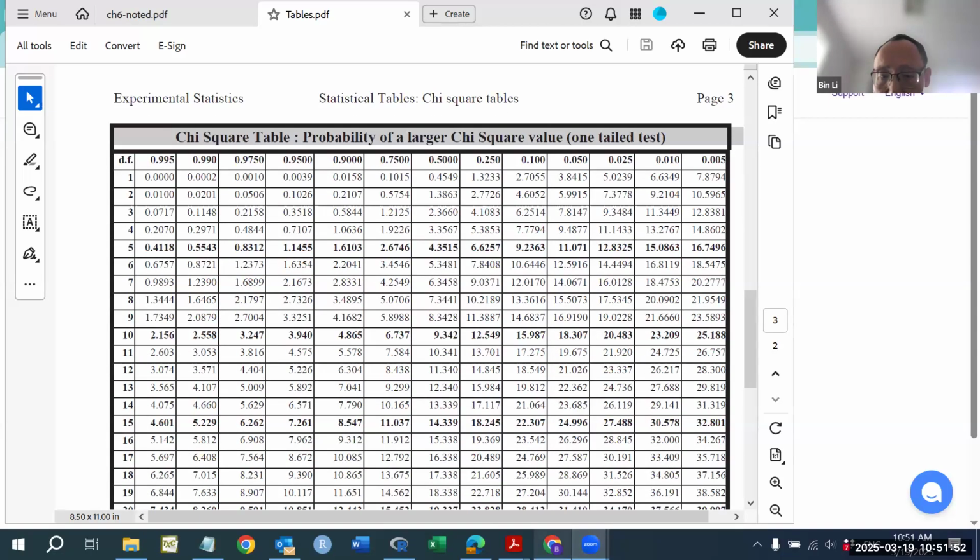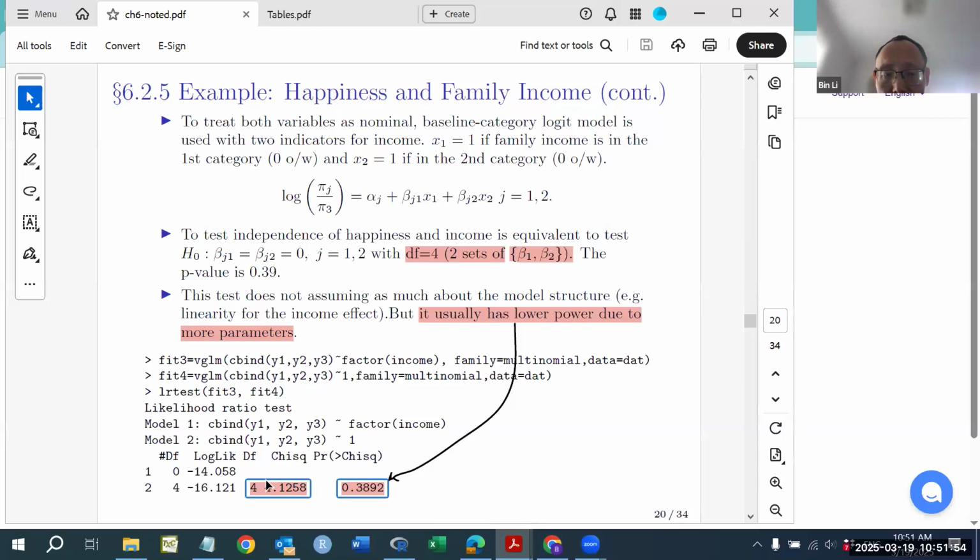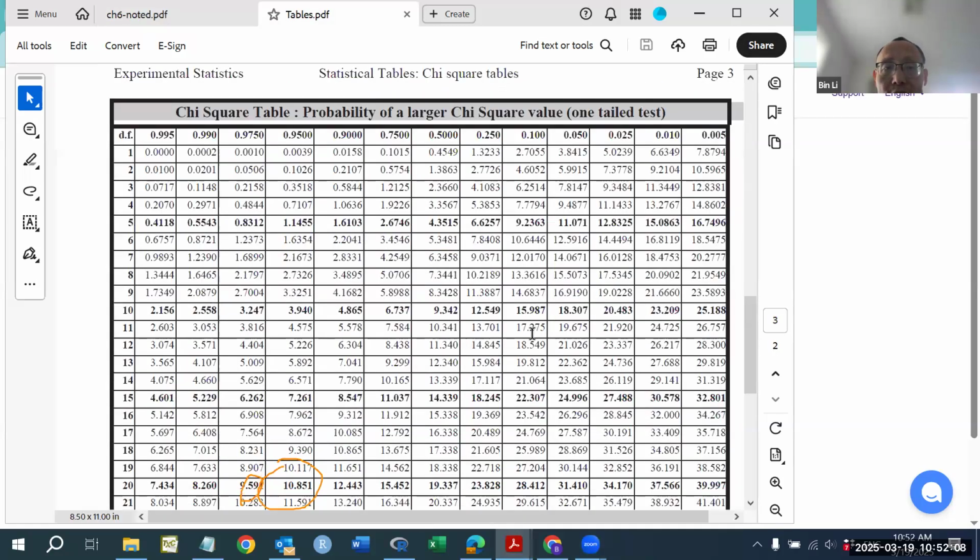So here, for this one, let's say the test statistic is 4.1, right? With 4 degrees of freedom. Okay, but if we look at the chi-square table, 4 degrees of freedom, if you go to that line, what we have is between these. So you can see the p-value is not significant, right?